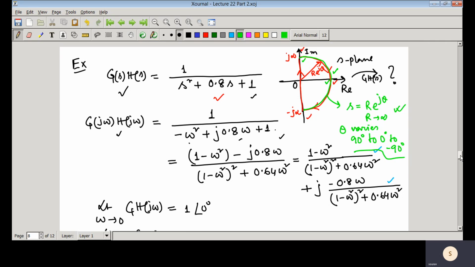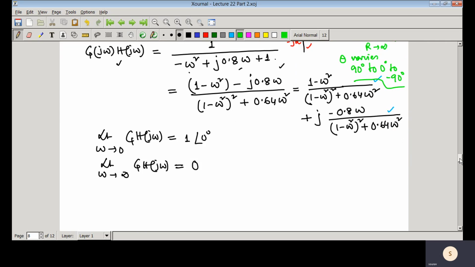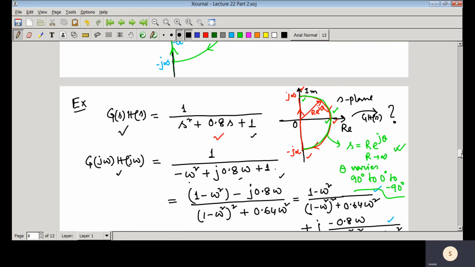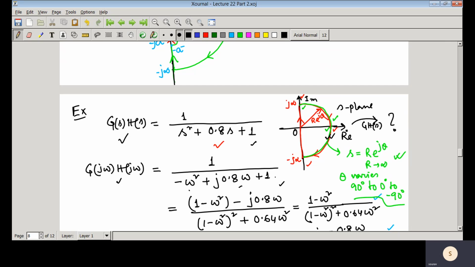In place of s, you just replace r e to the power j theta, when r is tending to infinity. We are trying to find the mapping of this part of that Nyquist contour.